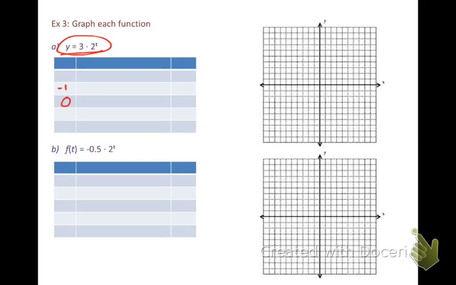And you will have -1 and -2 and 1 and 2 on both sides. That means you're going to have negative exponents, people. So you're going to have 3 times 2 to the -2 power, 3 times 2 to the -1 power, 3 times 2 to the 0 power.